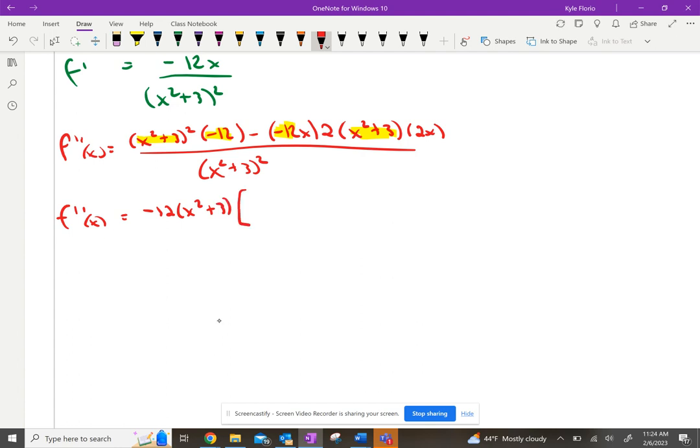There's still one x squared plus 3 factor here because it was to the second power. I'm factoring out this negative 12, so there's nothing else here. You don't need the parentheses, but I'm just going to put them in there. Now, this negative 12 is gone, but I still have a minus 2x times 2x. So minus 2x times 2x is minus 4x squared.